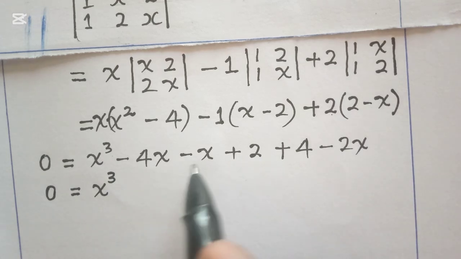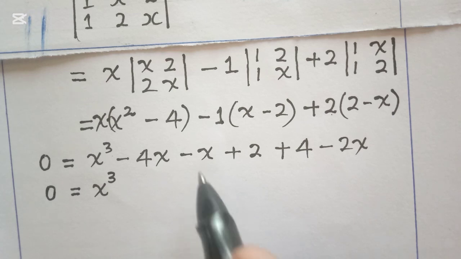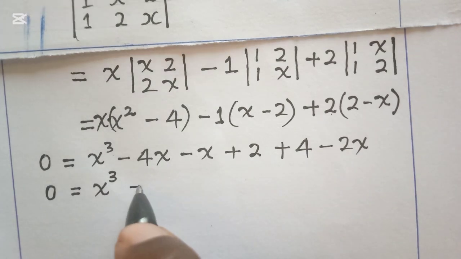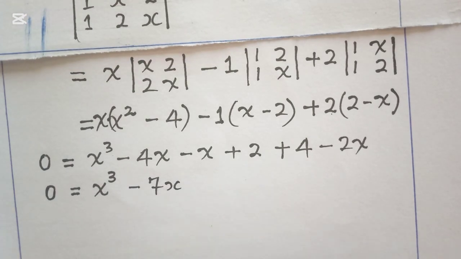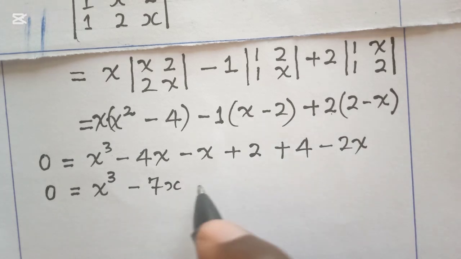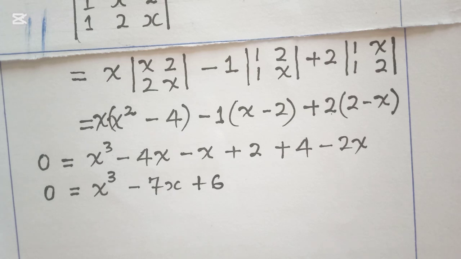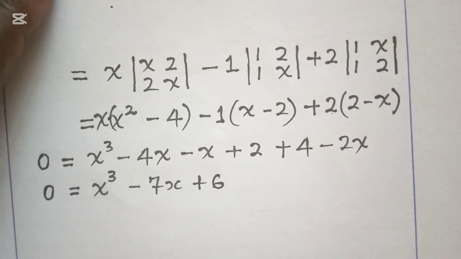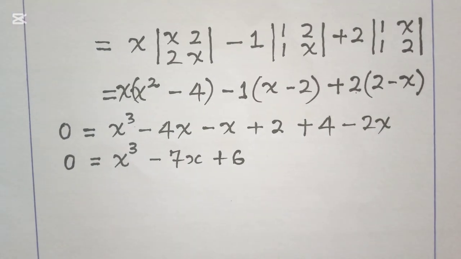So minus 4x minus x gives us minus 5x. Minus 2x gives us minus 7x, like that. And finally we can add 2 plus 4, and we get 6. So guys, I hope we've been able to do that. I can remove that question first so that we can continue well.